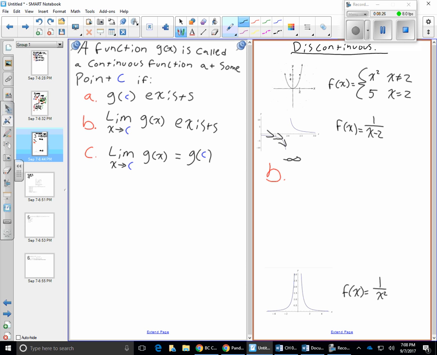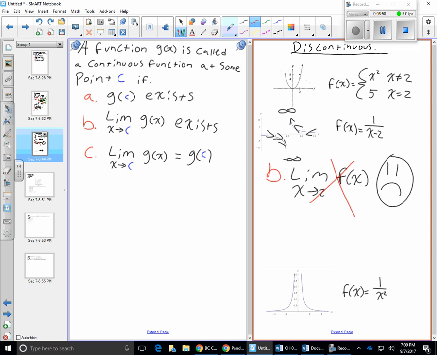It's getting as small as it can, while the right-hand side, as we approach 2, is getting as large as it can. And so the limit as x goes to 2 of f of x is going to give us no result. So a and b here are both violated, and clearly this makes c impossible to satisfy.